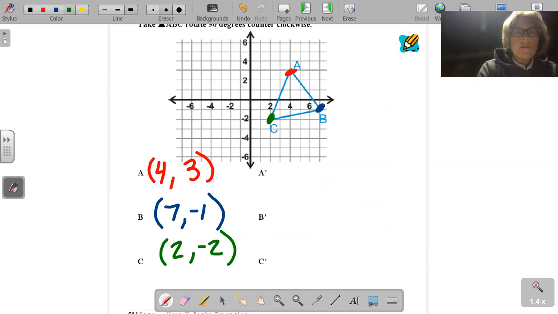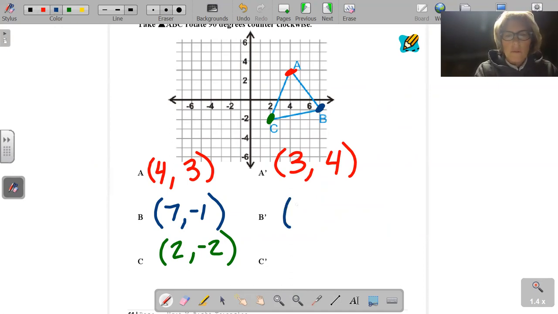Step number 1 is you switch the order. You have 3, 4, 7, -1, and -2, 2.